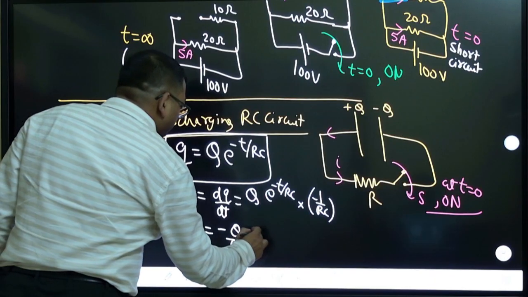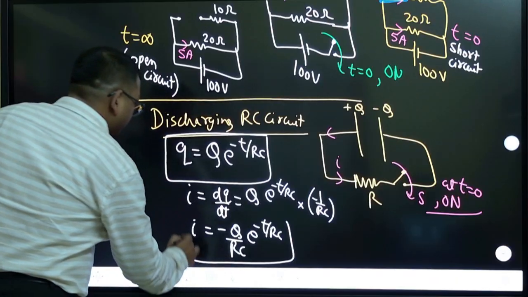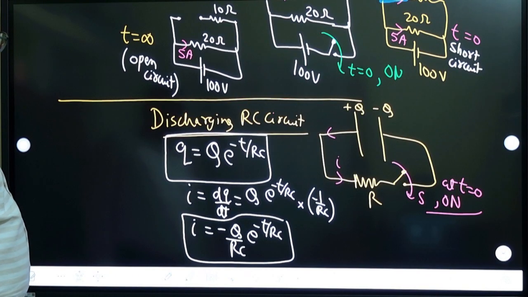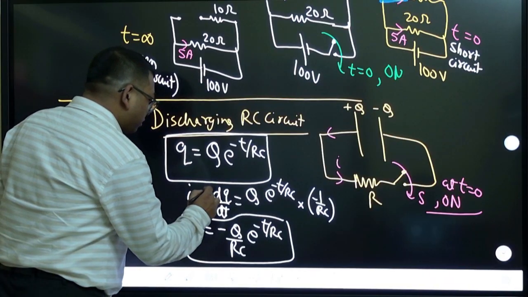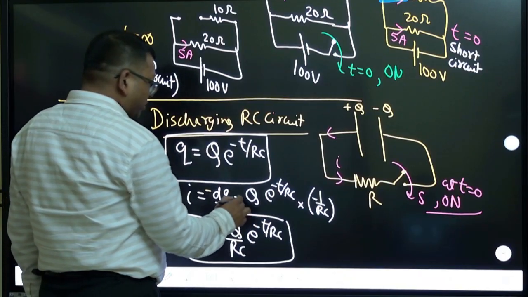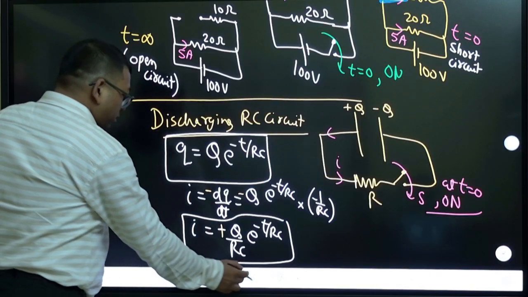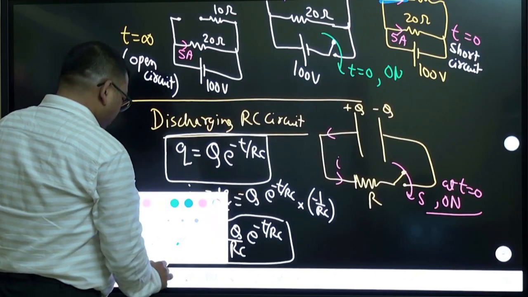The minus sign is coming, minus means charge is decreasing. Or here also you can put a minus sign, because charge is decreasing, so I is minus dq by dt, so there is an extra minus, minus minus will become plus. So better use that, you can write plus 1. So current will be given by this.